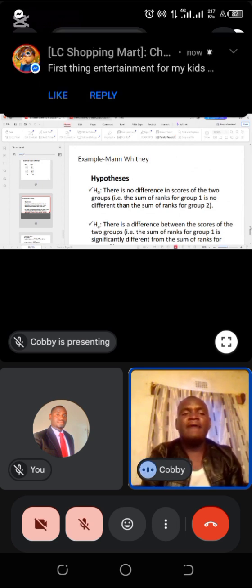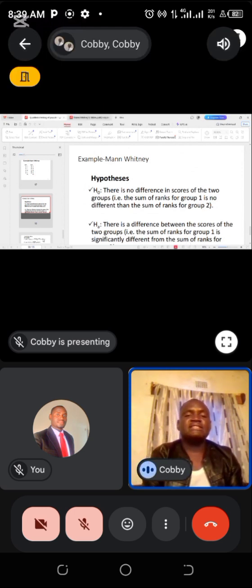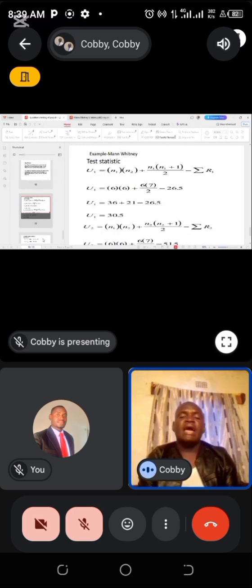After that, we need now to calculate the test statistic. We are going to calculate the test statistic using our formula. We need to calculate the value of U1 and the value of U2. Then we are going to take the smallest value as the test statistic.